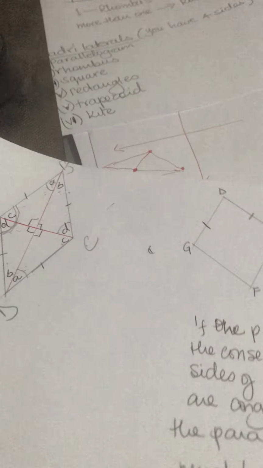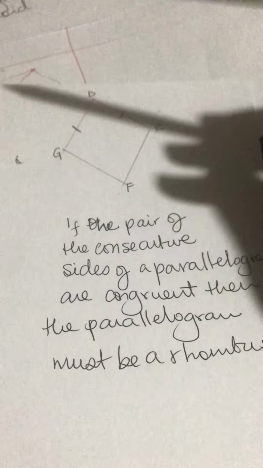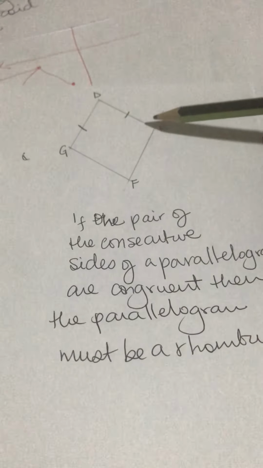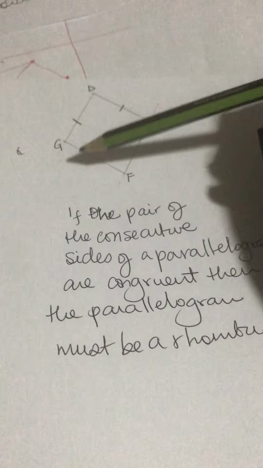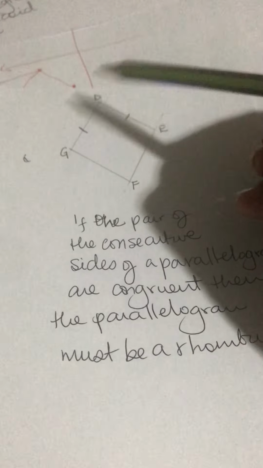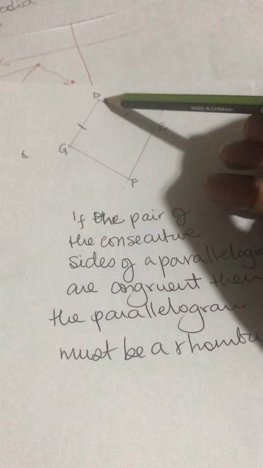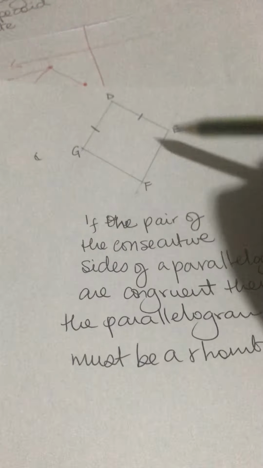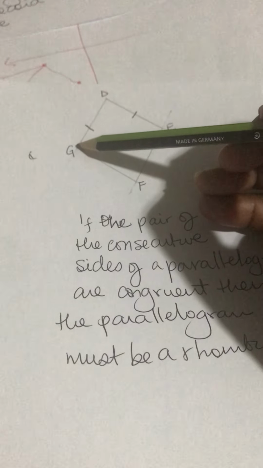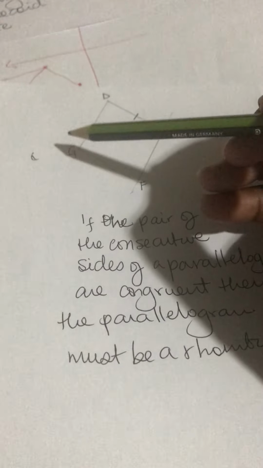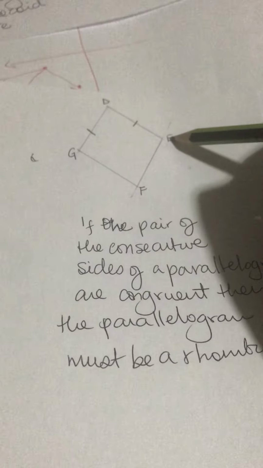Now, another theorem you should know is if two consecutive sides... consecutive means if I start here, I should go here. Consecutive does not mean if I do this, I come here. No, that's opposite. Consecutive means one after the other. So GD is consecutive to DE, or GF is consecutive to FE.